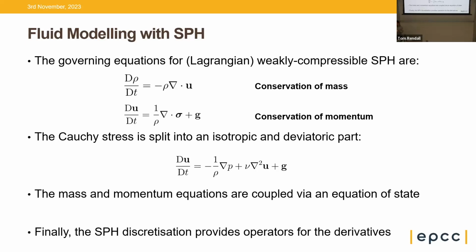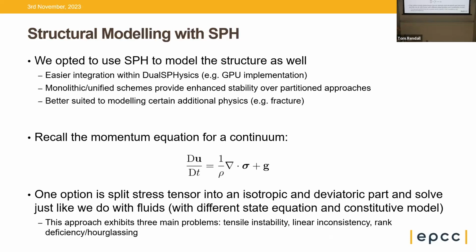Usually when we talk about fluids, we split the Cauchy stress into an isotropic pressure term and a deviatoric viscous term, couple them together via an equation of state, and then apply our normal SPH operators to get our derivatives. So that's a very brief introduction to fluid modeling with SPH.